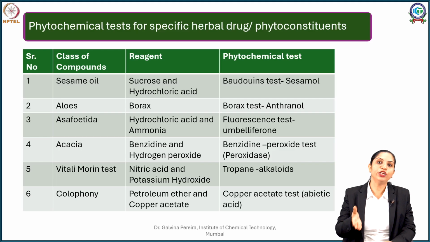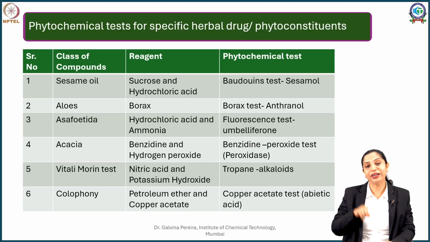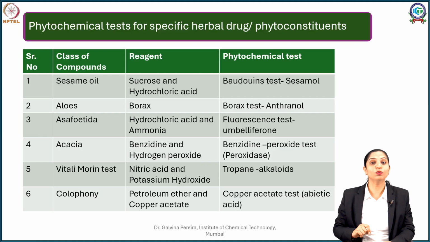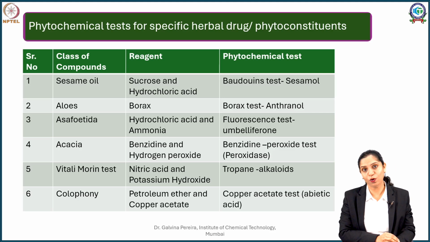Now, not all oleogum resins will give you your fluorescence test, but definitely all oleogum resins will give you an emulsification test. So, the emulsification test will tell me it is an oleogum resin, but your fluorescence test will tell me specifically if it is asafoetida or not.